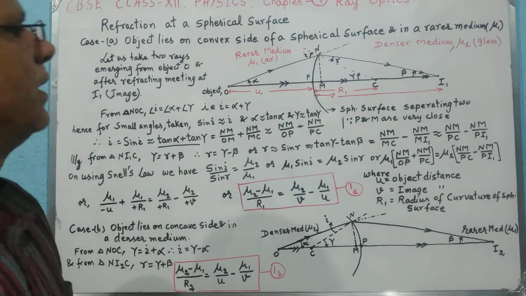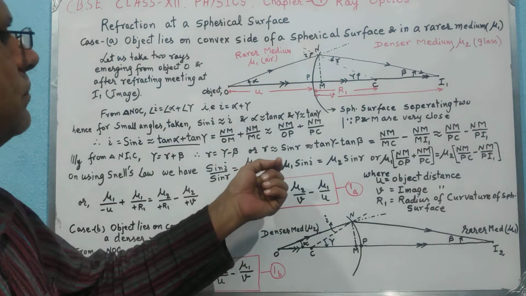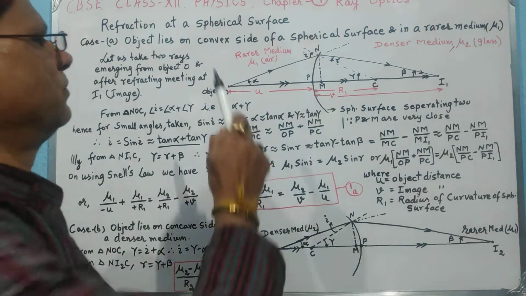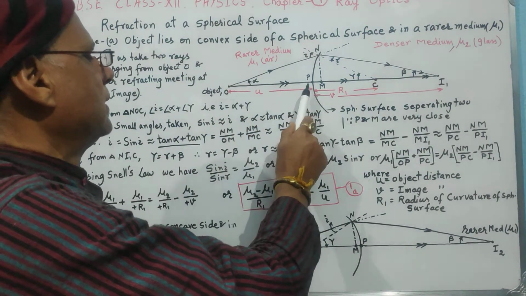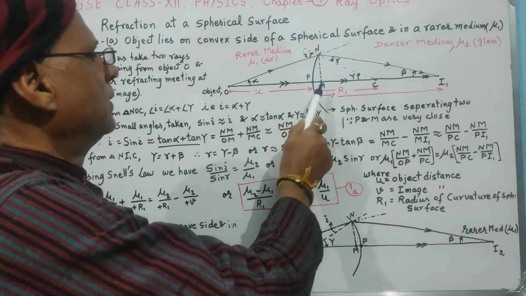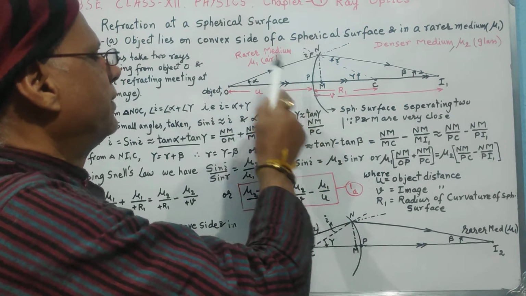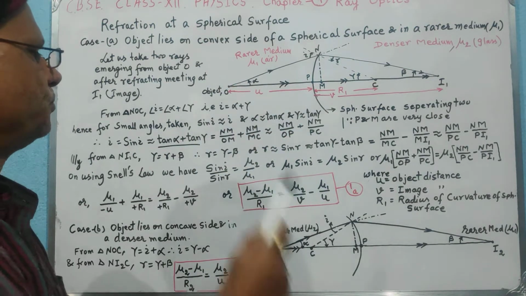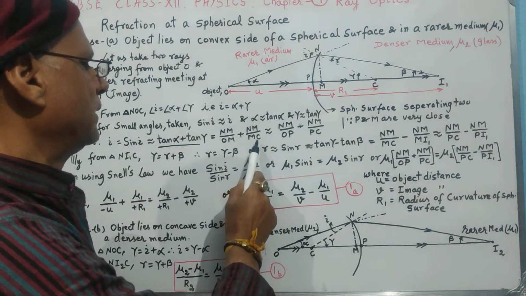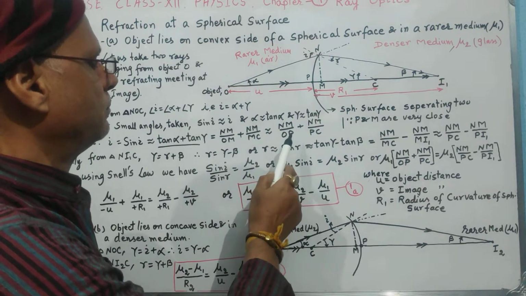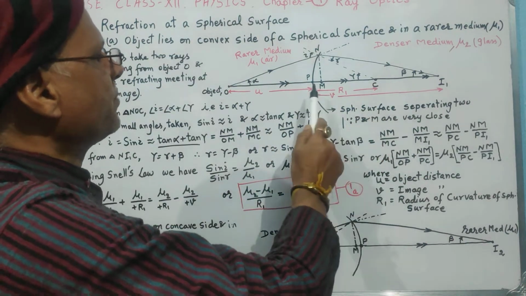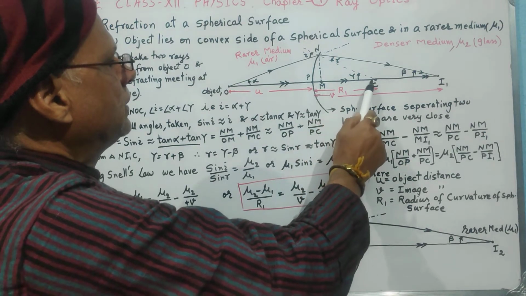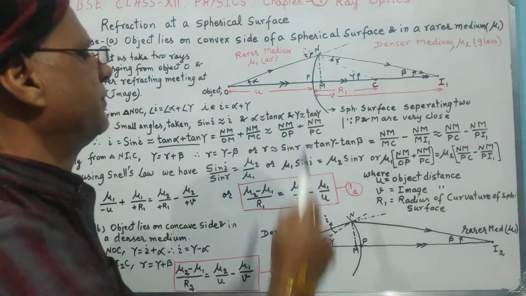Because we want to write certain terms in standard format. What is the standard format? Object distance. Object distance is OP. So instead of OM, we prefer to express it in terms of OP. Similarly, we replace the value of CM in terms of PC. What is PC? PC is equal to the radius of curvature of the spherical surface.